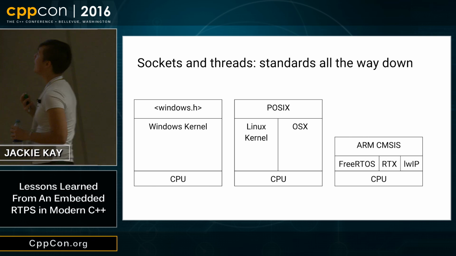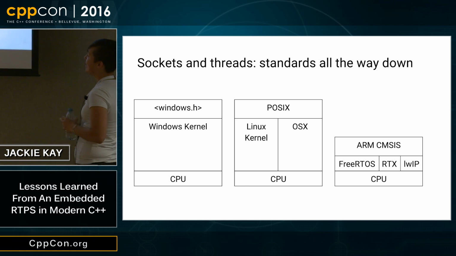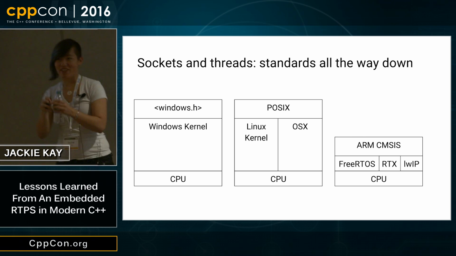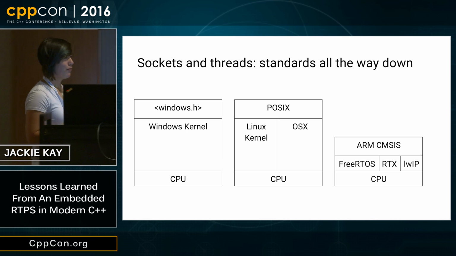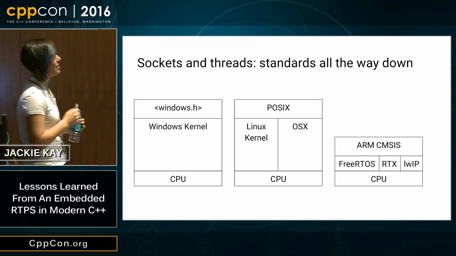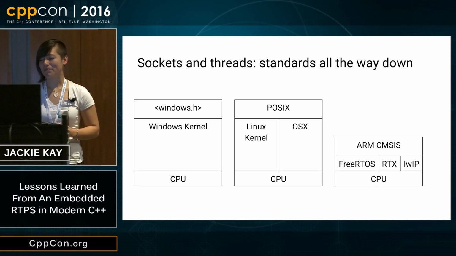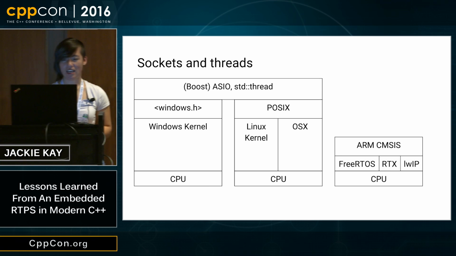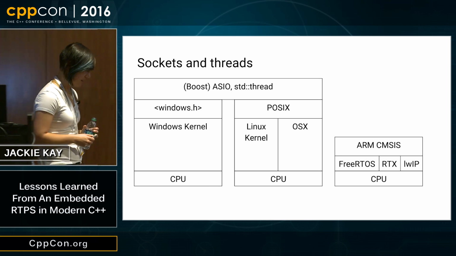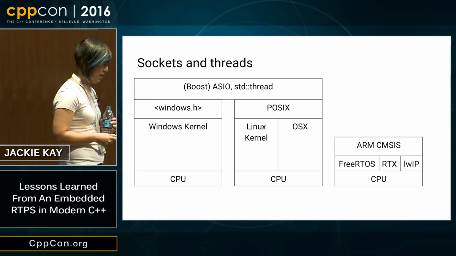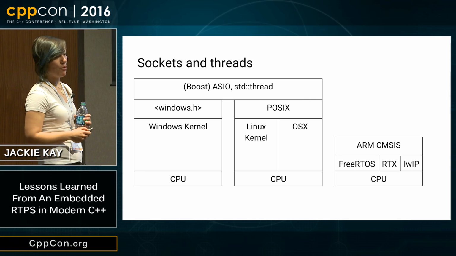Sounds kind of weird. This is another abstraction layer for the nice operating system things that we want. But unfortunately, not all of the things that we want are accessible, and that's why embedded programming is hard.